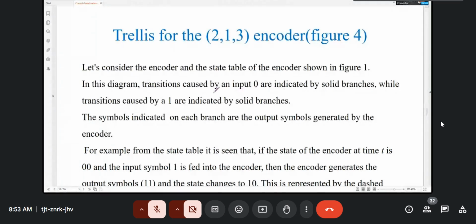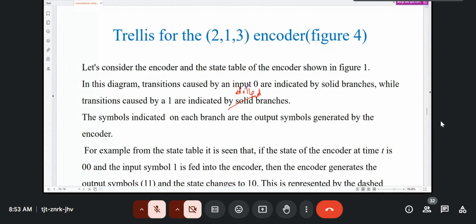We have explained that transitions caused by a 0 are indicated by solid branches, while transitions caused by 1 are indicated by, oh, sorry, dotted.